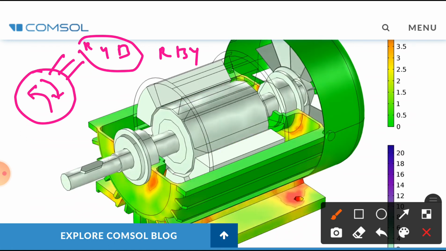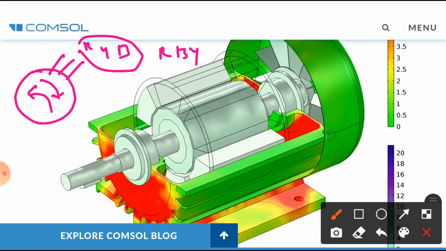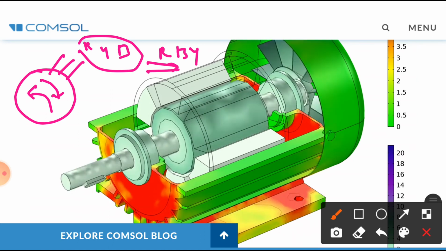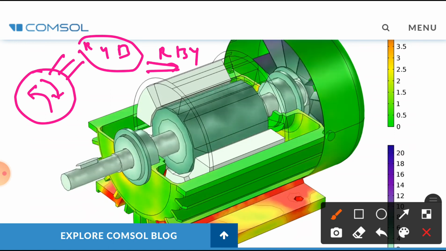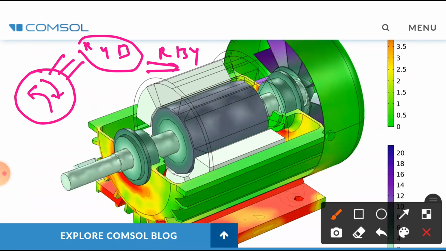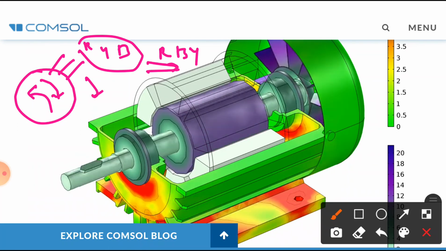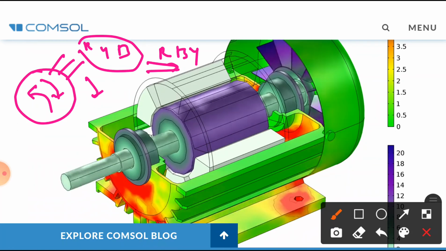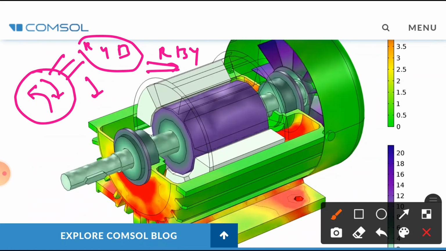That means the motor direction can be changed easily by changing the phase sequence. So by changing any two phases, the rotating magnetic field direction can easily change. You can see how this is rotating.